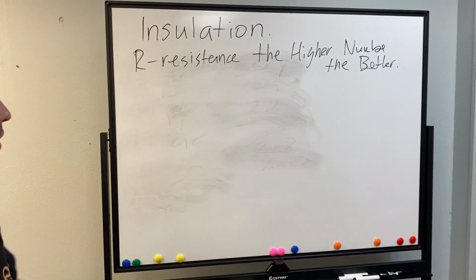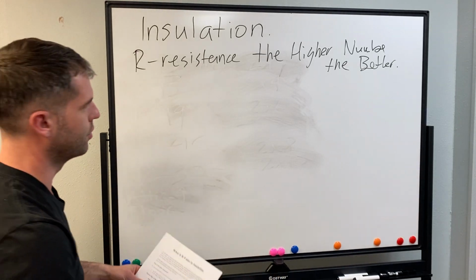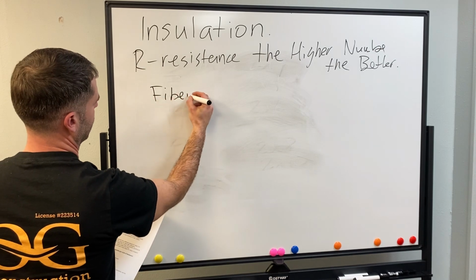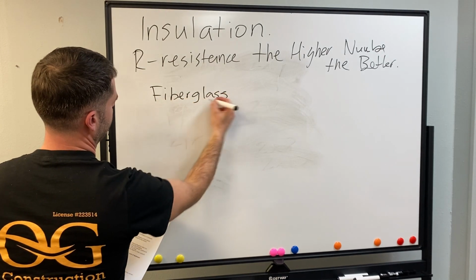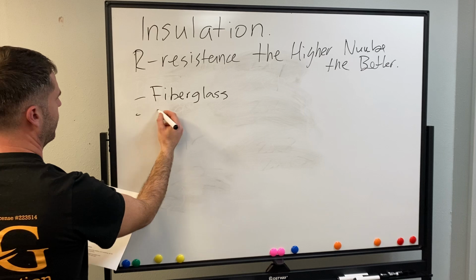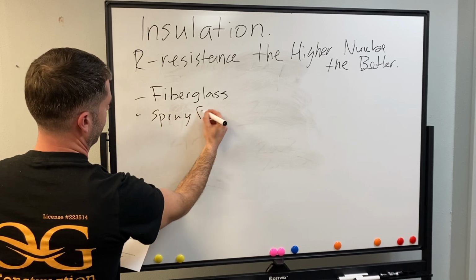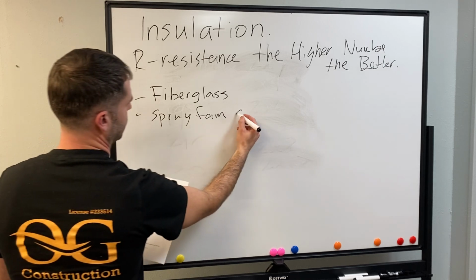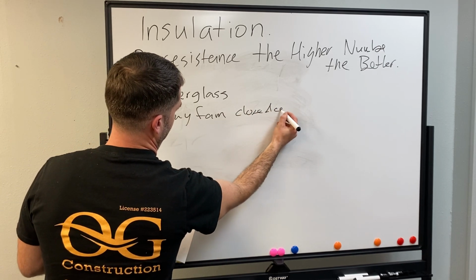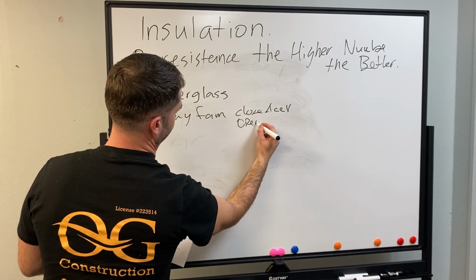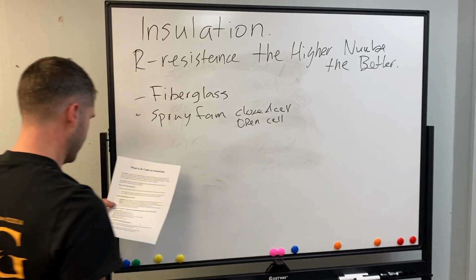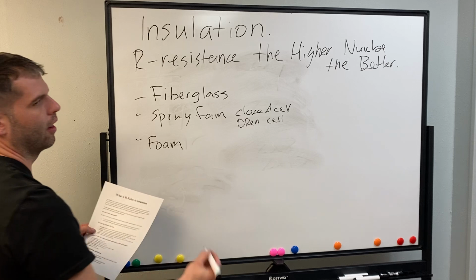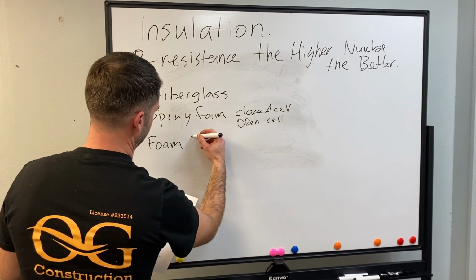So like I said, there's different materials that usually are used for insulation. There is fiberglass batt, that's what I was talking about. Then there's spray foam. And then this is closed cell, open cell. There's two different ones. Then there's foam board, which usually gets put in a lot colder climates.